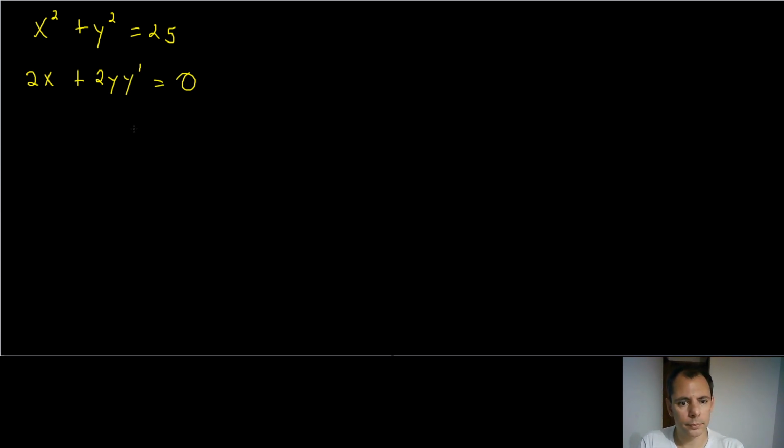So y prime, which is the first derivative, equals minus 2x divided by 2y, which equals minus x divided by y. Okay, that's the first derivative.